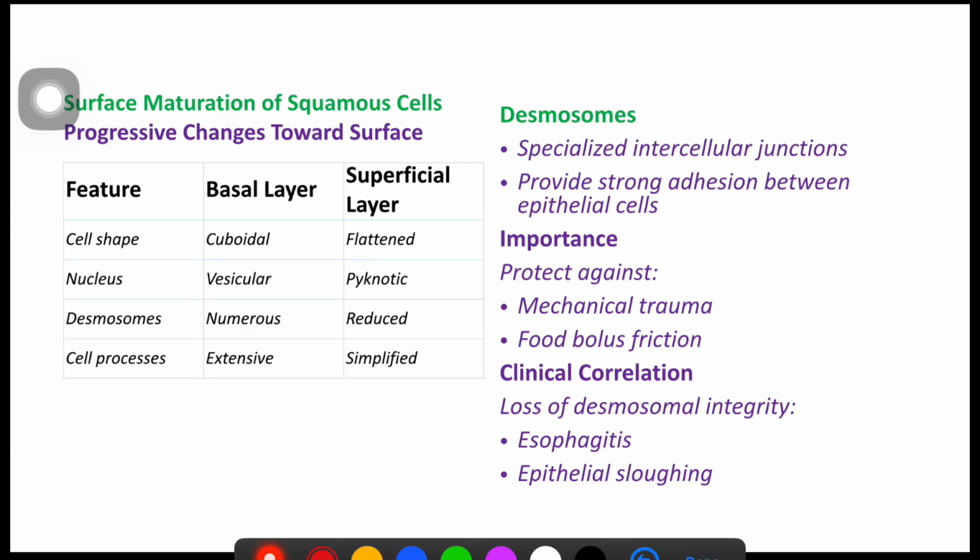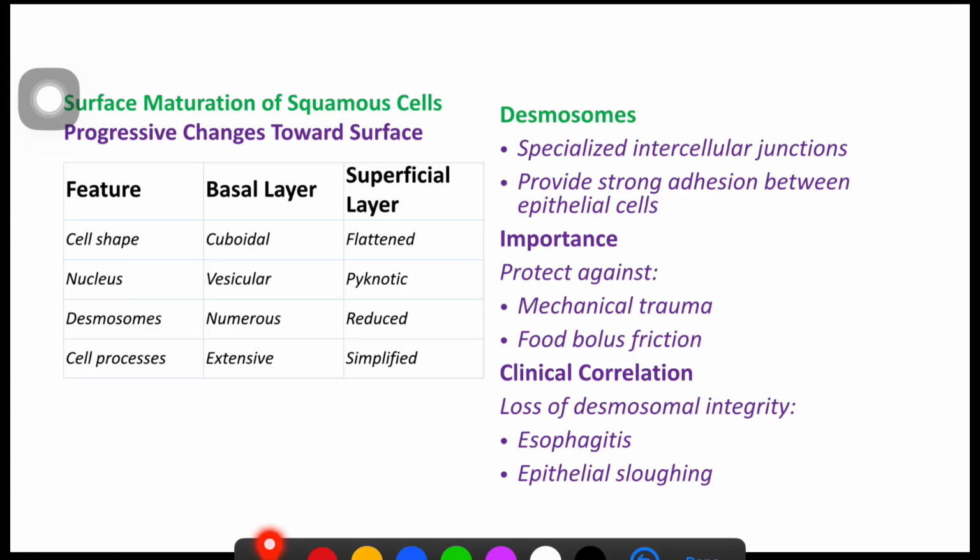What is the surface maturation of squamous cells? Regarding cell shape, the basal layer is cuboidal and the superficial layer is flattened. The nucleus is vesicular here and pyknotic there. Desmosomes are numerous in basal cells, cell processes are extensive, and in the superficial layer they are simplified. Desmosomes are specialized intercellular junctions with strong adhesion between epithelial cells.